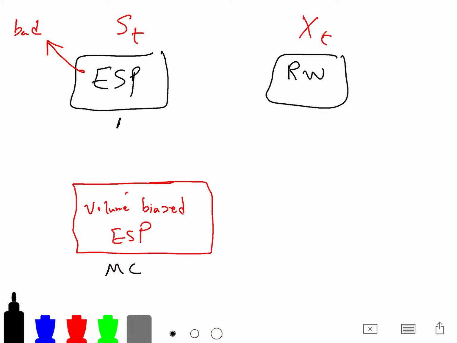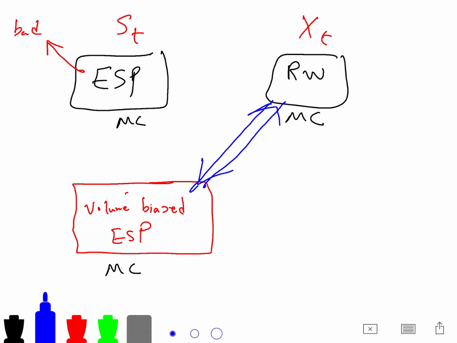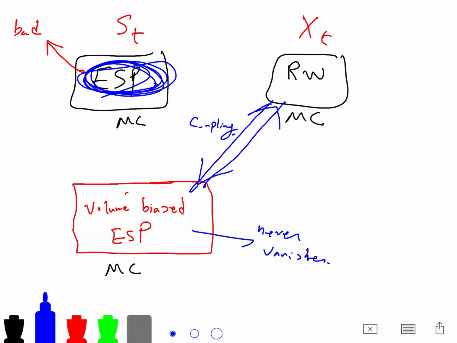First of all, I should say all of these are Markov chains. But the good thing is that between this and this, we can define a coupling, and this is good because it never vanishes. That's why it is much better than ESP. ESP has a problem because it vanishes.